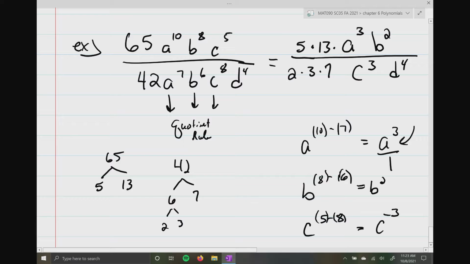When we just look at the numbers, 5 times 13 and then 2 times 3 times 7, do any of them reduce? No. So let me ask you the question then. Does 65 over 42 reduce? No. Exactly. So our answer is going to be 65 over 42. And then in the numerator, it's going to be 65, a to the 3rd, b to the 2nd, over 42, c to the 3rd, d to the 4th.